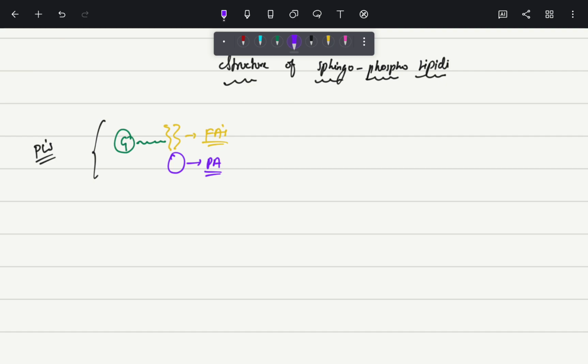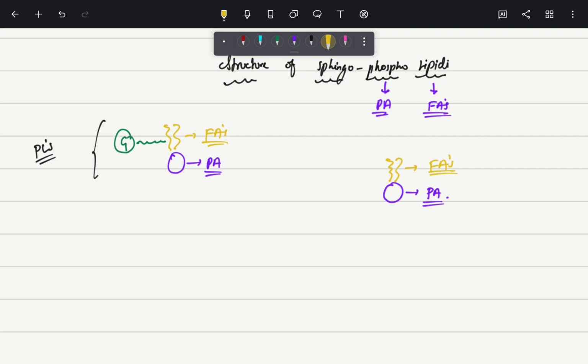Now we have to compare the phospholipids to the sphingophospholipids. So I am going to draw the structure of a sphingophospholipid. As the name suggests, it should have a phosphoric acid, and similarly it should have a lipid such as your fatty acids. So here is your phosphoric acid, and to this phosphoric acid our lipids are present, such as your fatty acids.